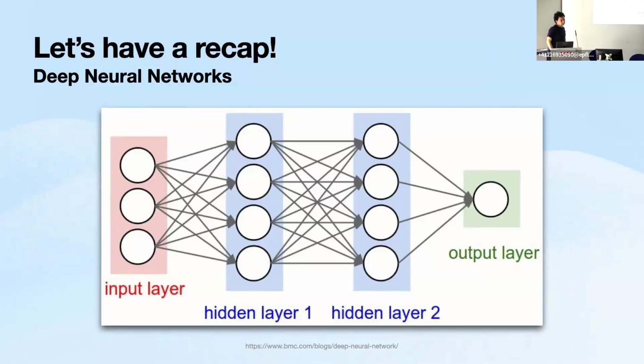In the past 2 days, we saw basically deep neural networks. What were deep neural networks? We had some input data that you can show as a vector, or basically as a kind of representation that can be identified as a certain number of numbers. You pass it to the input layer, and then you have several layers.